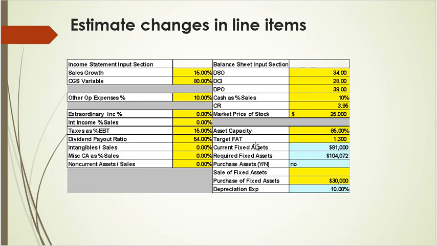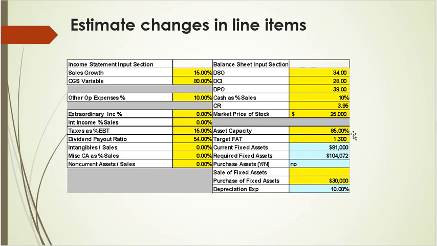Now here's something that's a little bit different, right? What is the asset capacity? If you think about this, this is really asking me how much of my assets are actually being used, right? So 100% capacity would mean that the building and its product and its equipment is being used 24/7, right?